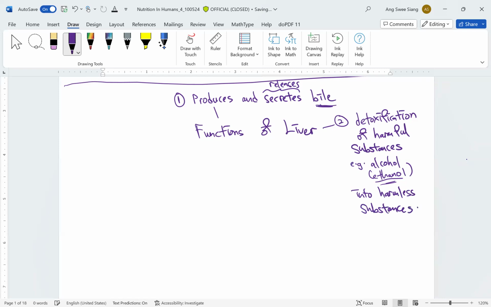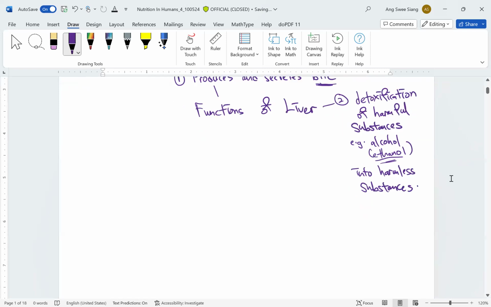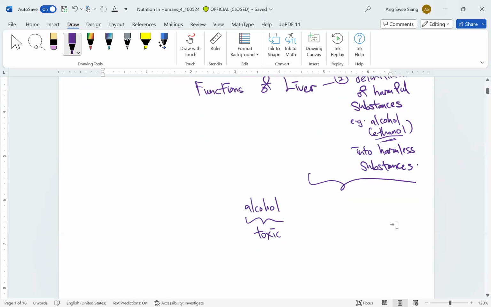So what do I mean by harmful substances to harmless substances? If we look at alcohol, alcohol is considered toxic to the body cells. So it is considered a harmful substance.